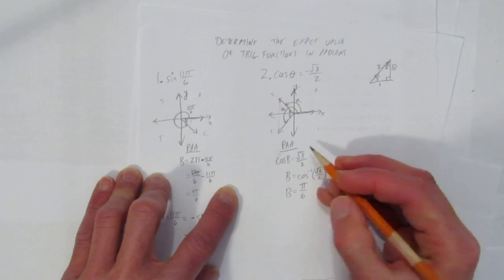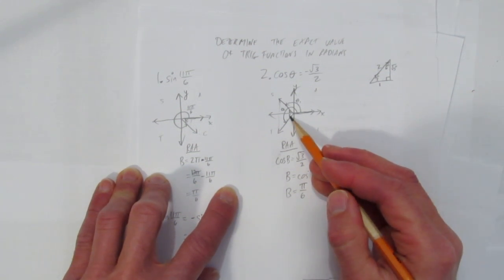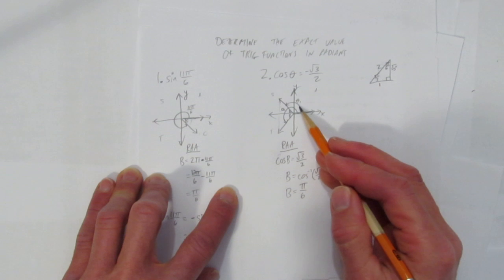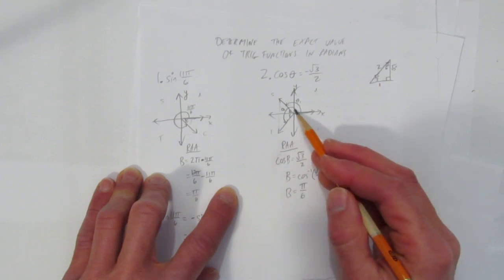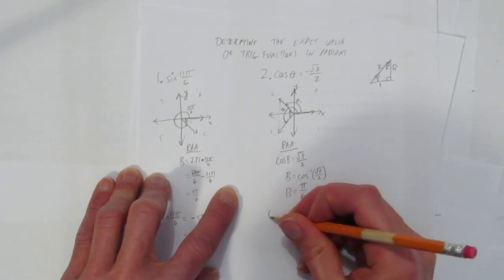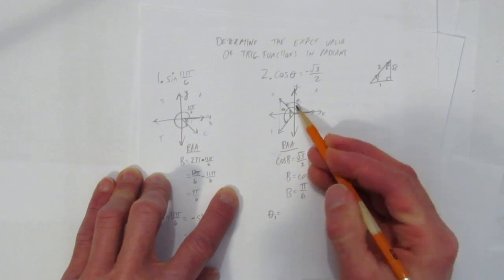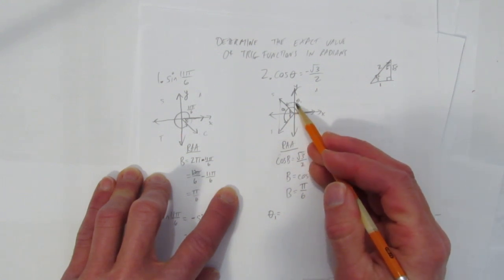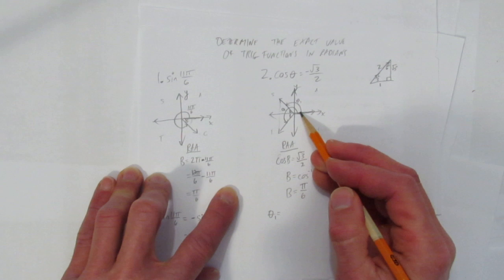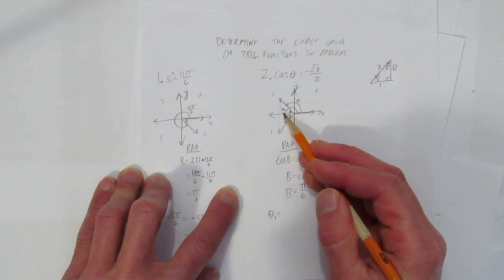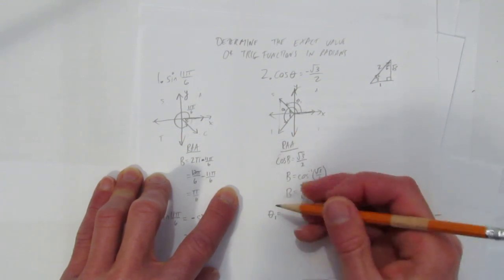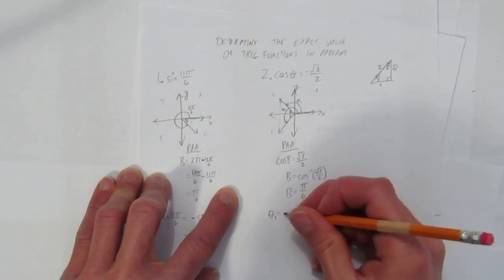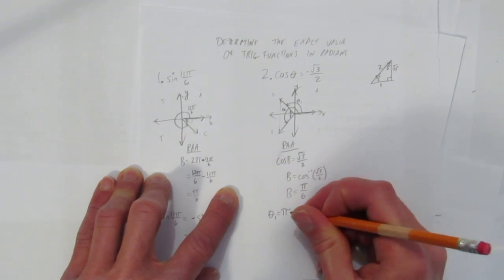But we're not done. All we know is the angle in the triangle is pi over 6. What we want is theta 1, and what we want is theta 2. So theta 1 is this half rotation here, take away the beta. That is, you want halfway around, do this half rotation, but take away the beta. Well, half a rotation in radians is pi.